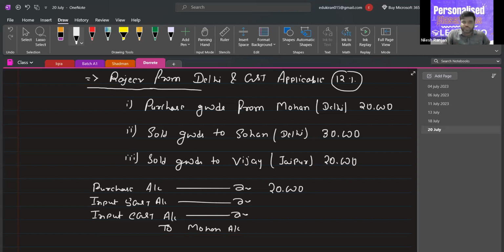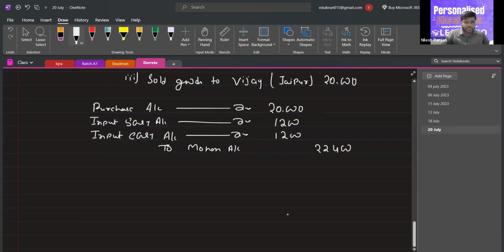So it will be 6% for SGST and 6% for CGST. 20,000 into 6% is 1,200, so the total will be 22,400. Is this clear? Yes, sir. Clear.